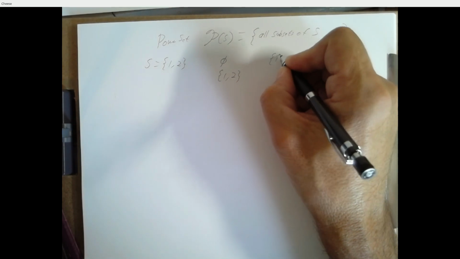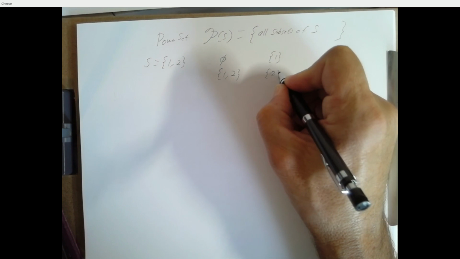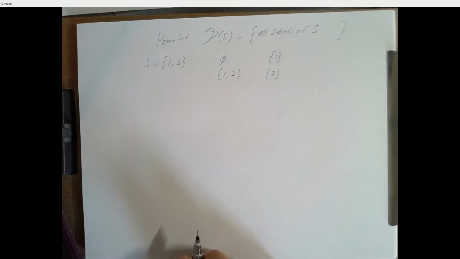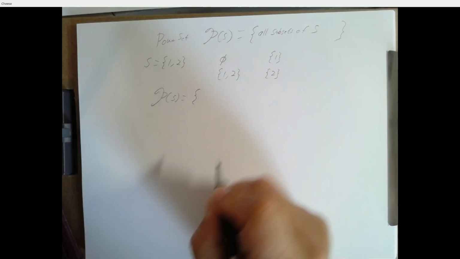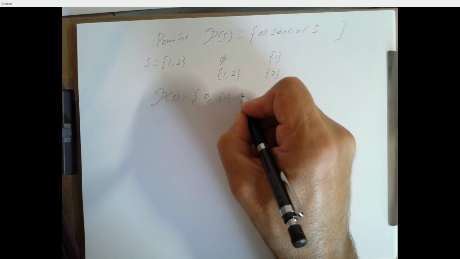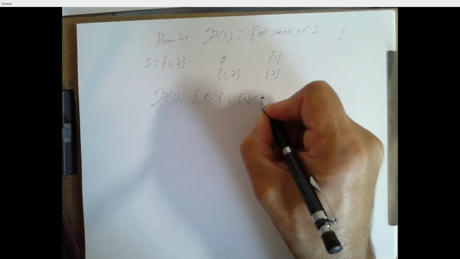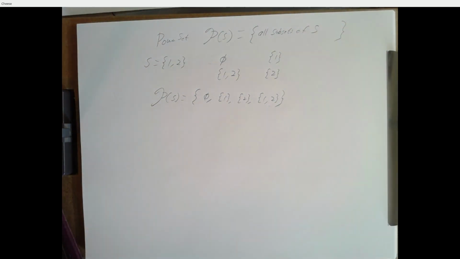They're both singleton sets: the set consisting of just the element 1 and the set consisting of just the element 2. So the power set of S is a set containing four things: the empty set, the singleton 1, the singleton 2, and the original set containing 1 and 2.